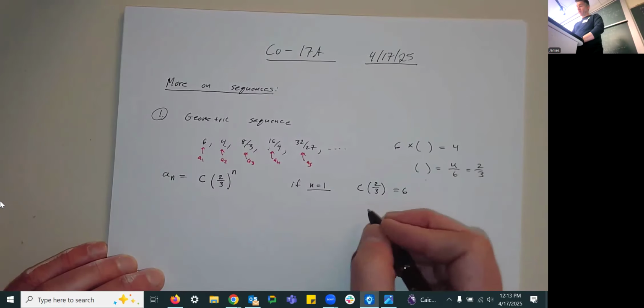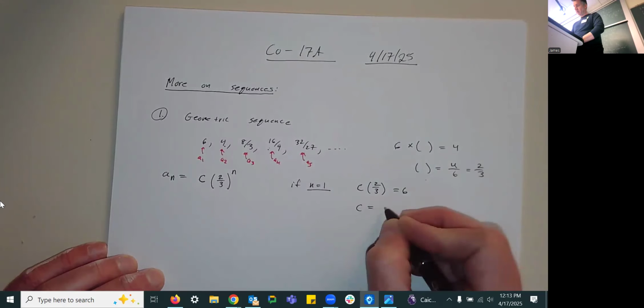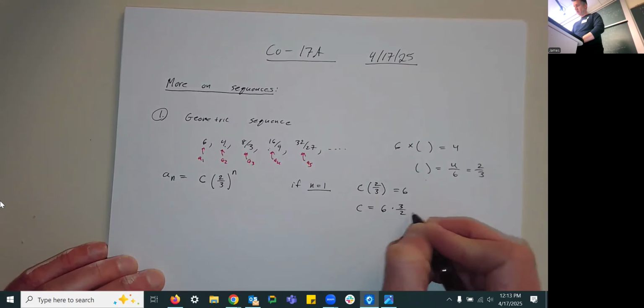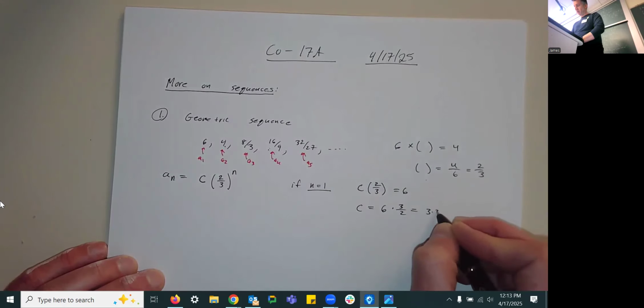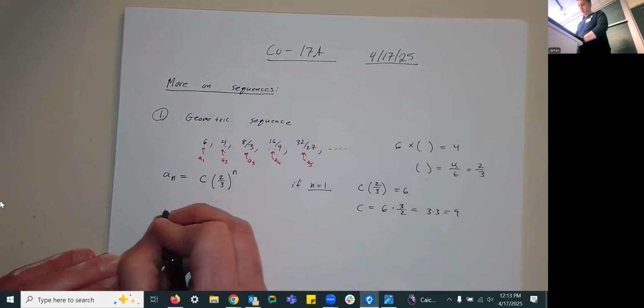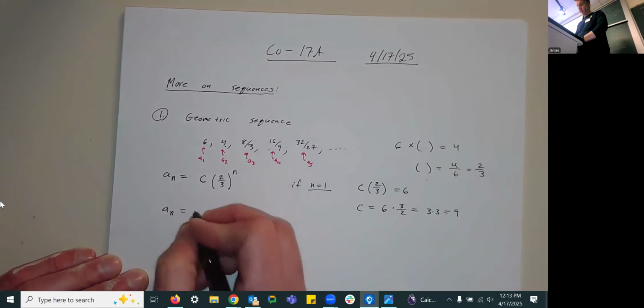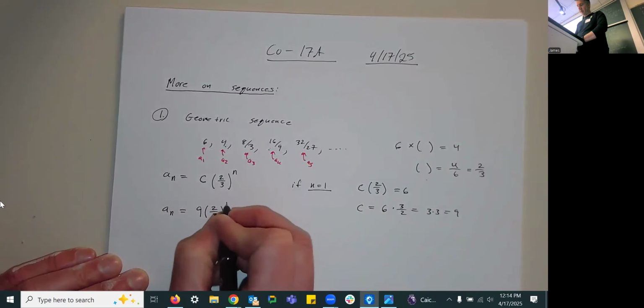Multiplying both sides by 3/2, c is equal to 6 times 3/2, which becomes 3 times 3, which is 9. So the formula for this geometric sequence is 9 times 2/3 to the nth power.